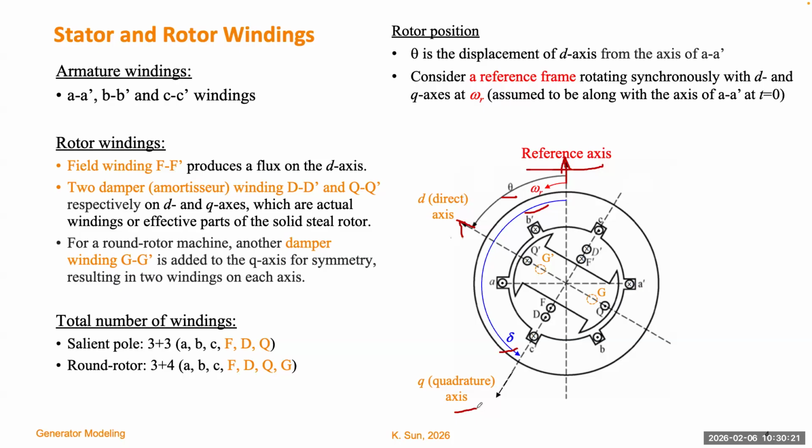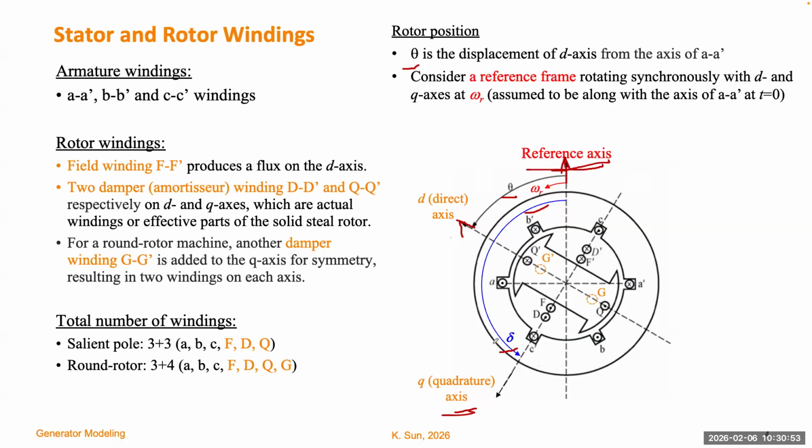So if you're able to measure where the rotor is, or maybe you put a camera inside the generator, you just measure the position of the rotor, that's theta. That's the physical actual location of the rotor, right? And the reference frame is a fictitious frame revolving at a single speed, or maybe the average speed of all generators of the system. And delta is the Q axis relative to that common reference.